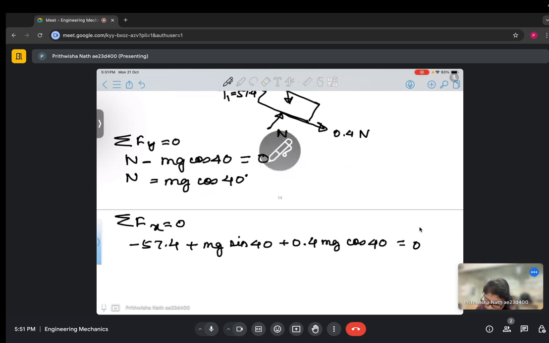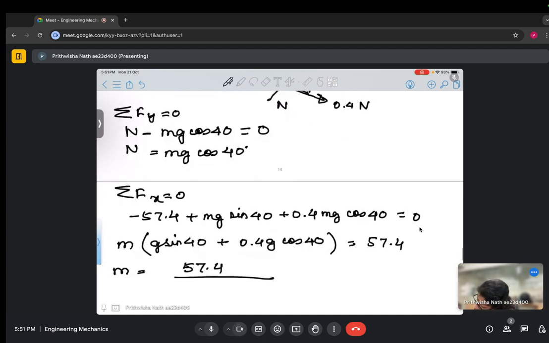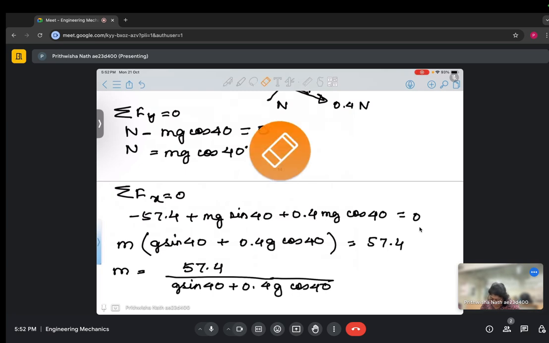So I'll just take common. So this becomes 6.16 kg.